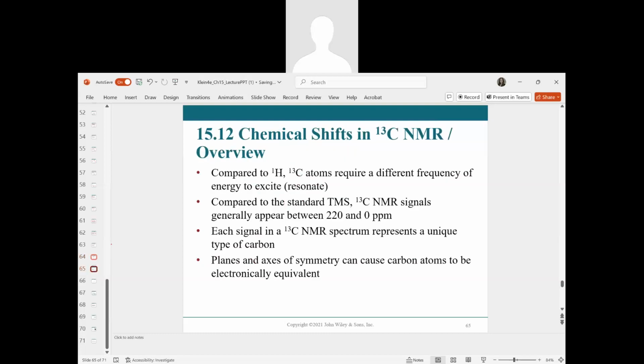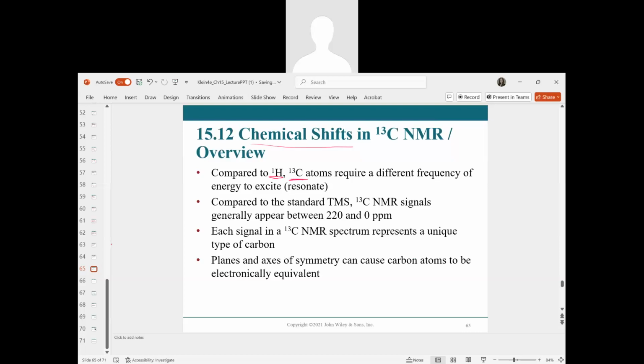Let's take a look at this next section here. In section 12, the chemical shifts that are produced with carbon-13 NMR spectroscopy are at very different frequencies. That's because it requires different frequencies or energy to excite and resonate carbon atoms compared to our protons.